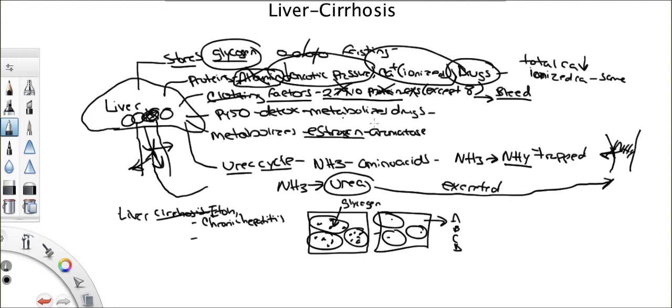It can't detoxify, it can't metabolize the drugs, meaning that the liver is really responsible for making sure the drug levels aren't high in your body. So in cirrhotic patients, this is why you're really, really careful about giving drugs that are metabolized by the liver, because if they are, you are going to cause toxicities, because they can't metabolize them.